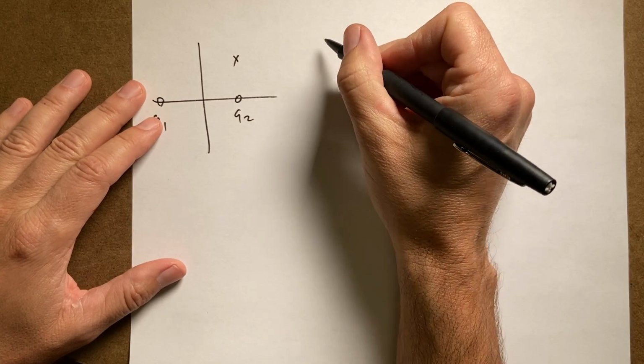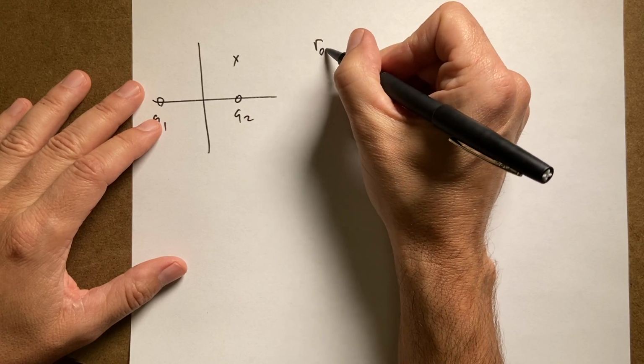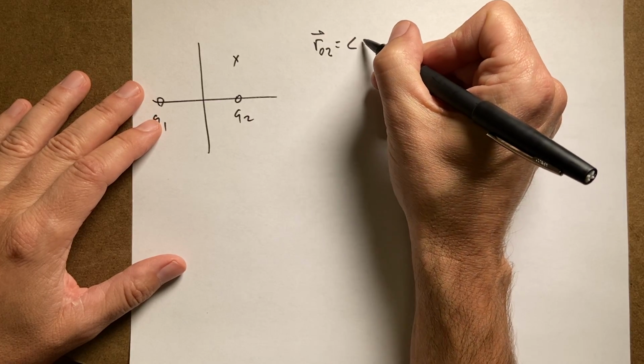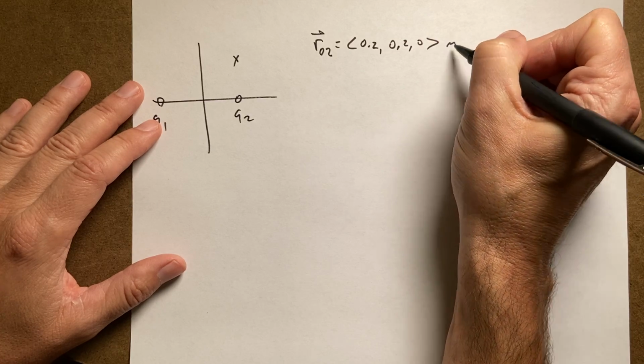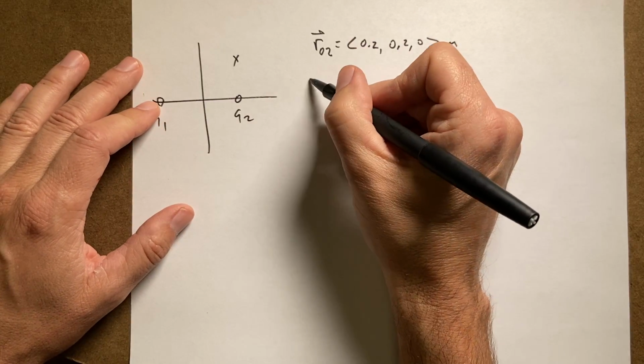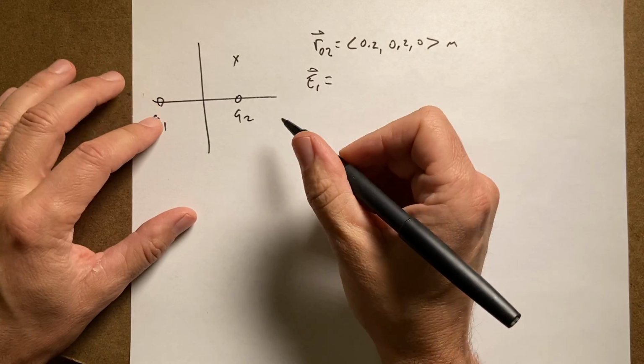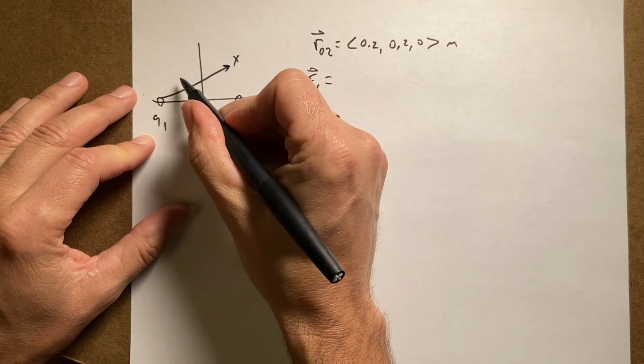So the first thing I'm going to do is write down RO2, which I already knew was 0, 0.20 meters. Now I need to find E1. For E1, I'm going to need R1.